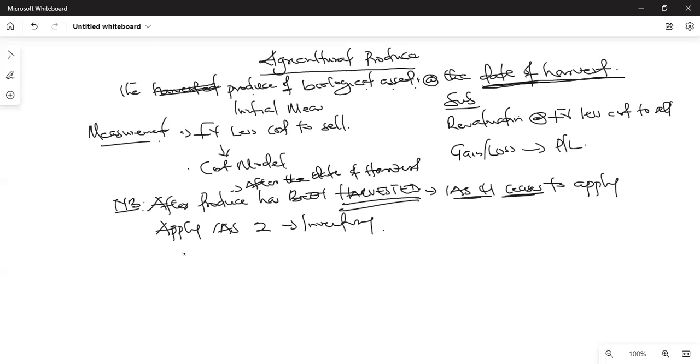Now we are going to conclude this class by taking some examples of agricultural produce. We have the wool, we have the milk, picked fruits, the ones that we pick, harvested cane.